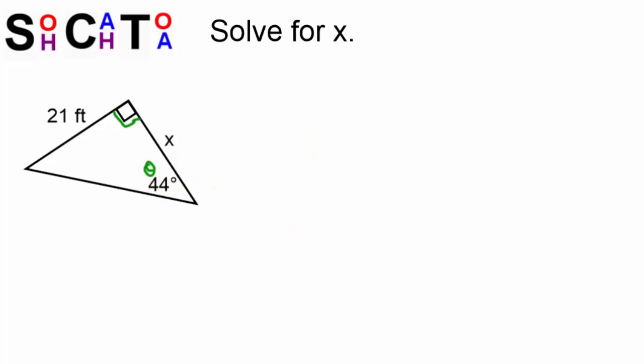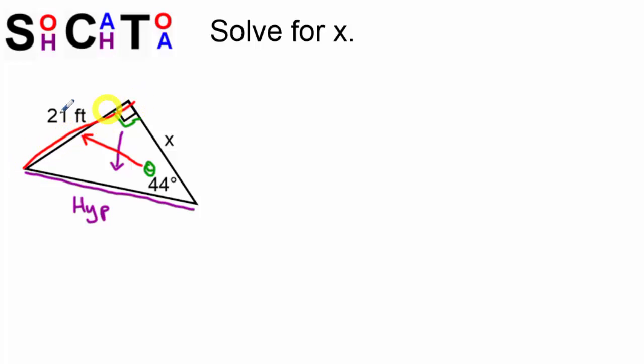Next, we label the three sides, starting with the hypotenuse. The hypotenuse is always the longest side of the triangle, and you can find the longest side of the triangle by going across from the right angle. The second side to label is the opposite side, and the opposite side will always be across from theta, which is why we started labeling theta first.